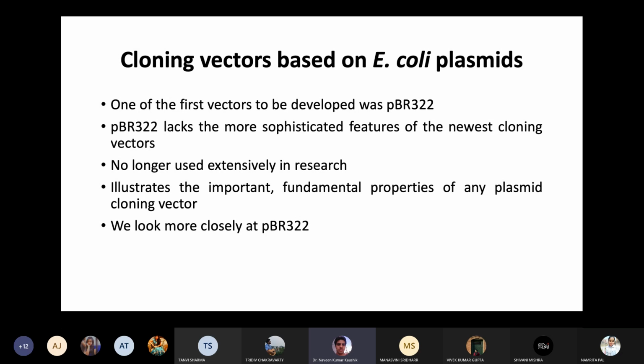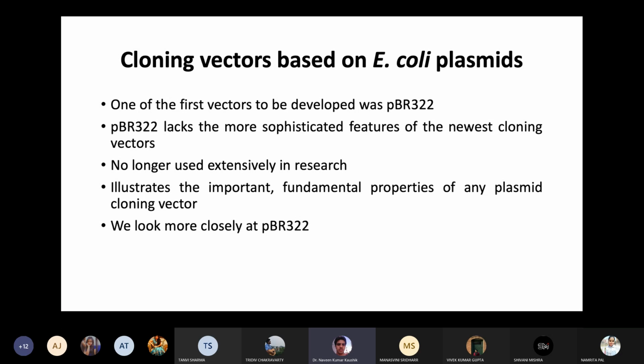P stands for plasmid, B and R stand for the names of the researchers who discovered it, and 322 is the number of this plasmid vector. Simply, when these scientists were developing this plasmid, before their successful design, they developed 321 vectors which did not work successfully.